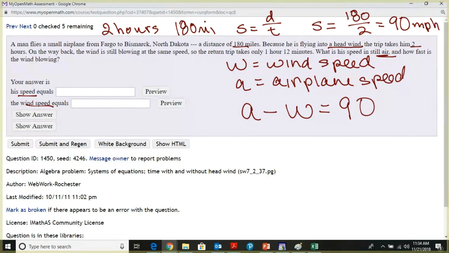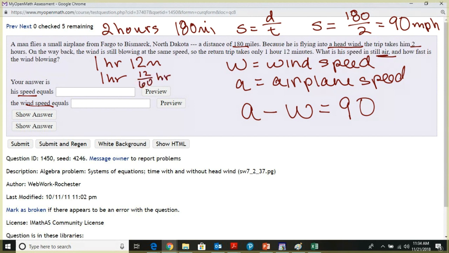Now on the way back, it took him 1 hour and 12 minutes. We've got to convert this to just hours. So 1 hour, 12 minutes would be 12/60ths of an hour.